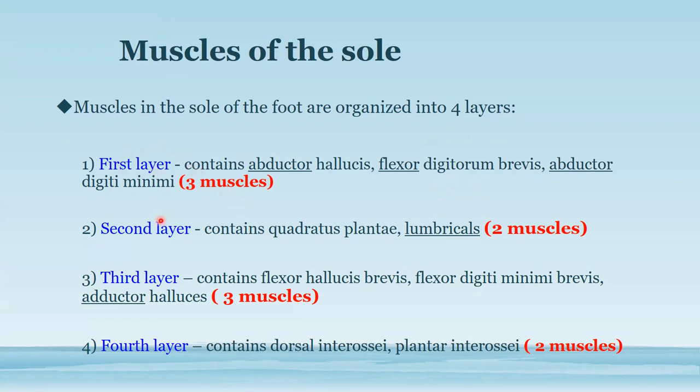And the second layer, it contains the quadratus plantae and lumbricals, the 2 muscles. For the third layer, it contains the flexor hallucis brevis, hallucis means big toe, flexor digiti minimi brevis, and adductor hallucis. The fourth layer contains the dorsal interossei and plantar interossei.